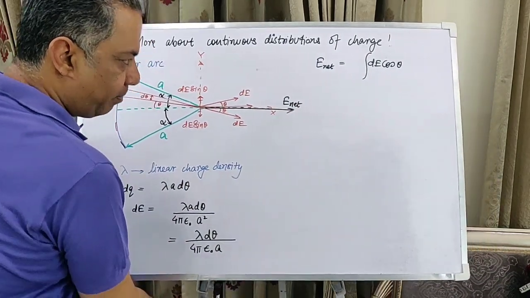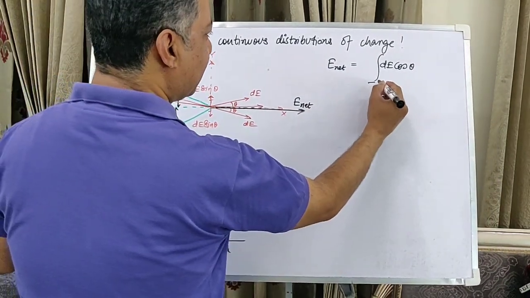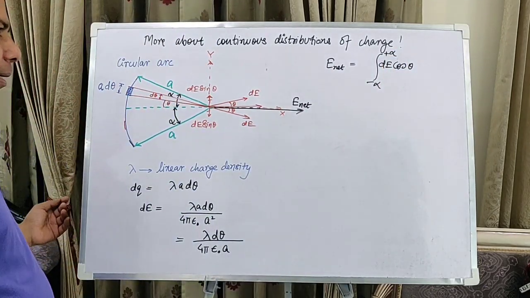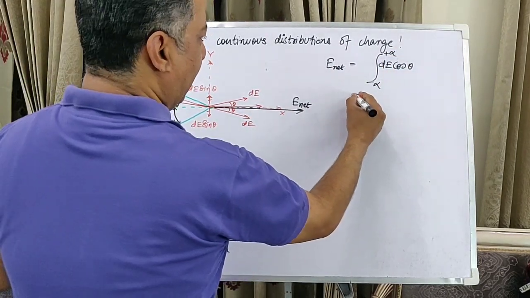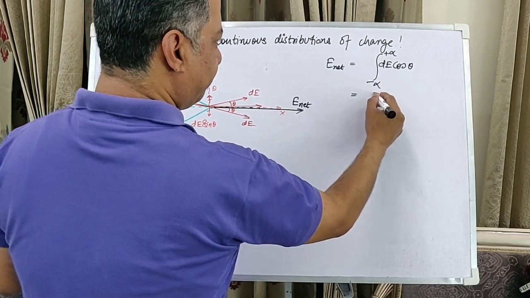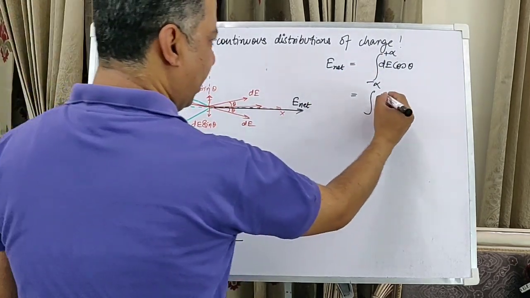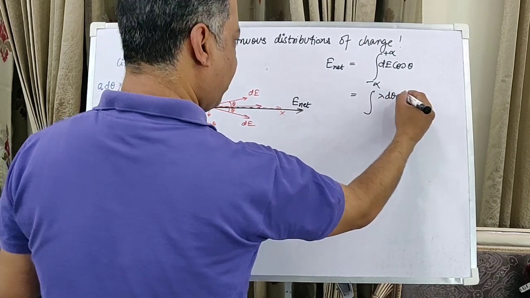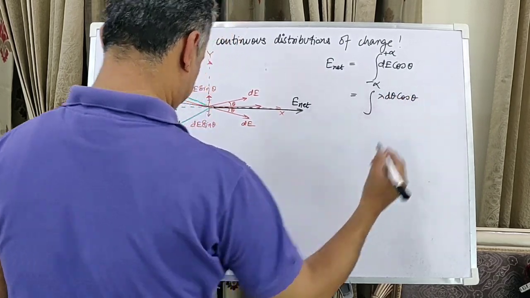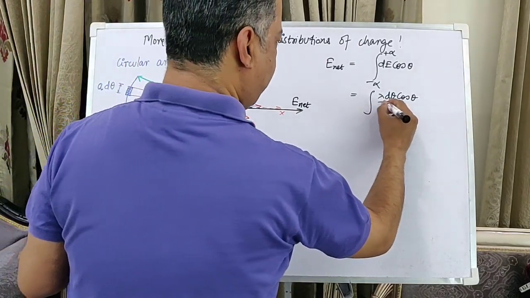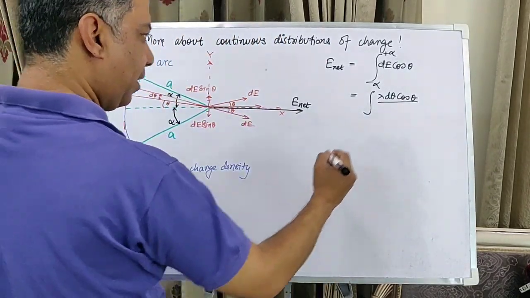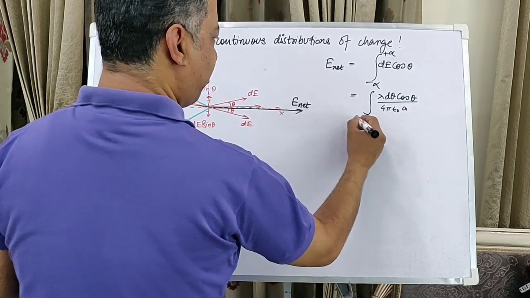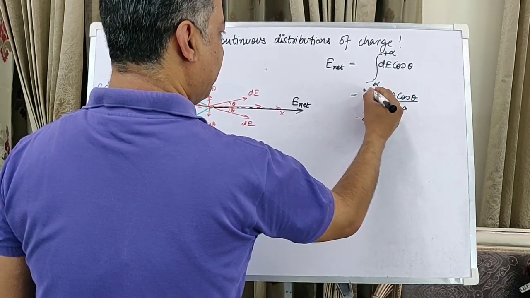So we have minus alpha to plus alpha, and so we've got lambda d theta cos theta divided by 4 pi epsilon naught a, from minus alpha to plus alpha.